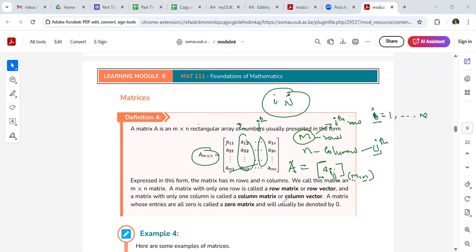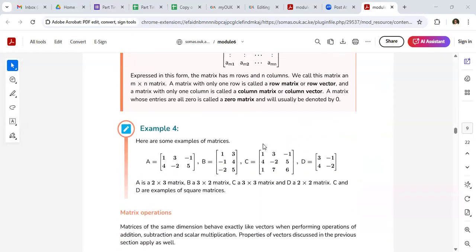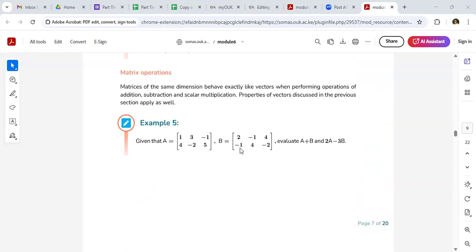If, for example, I take any matrix, I can even use this B. The matrix B is of order 2 by 3.